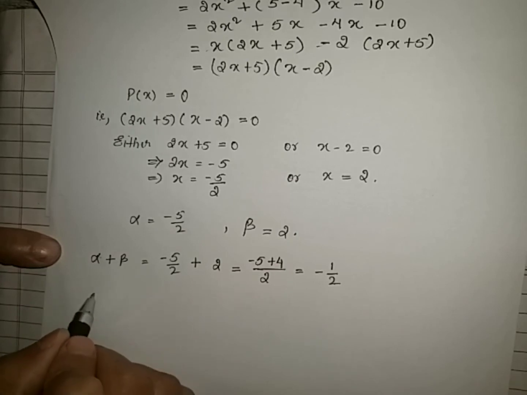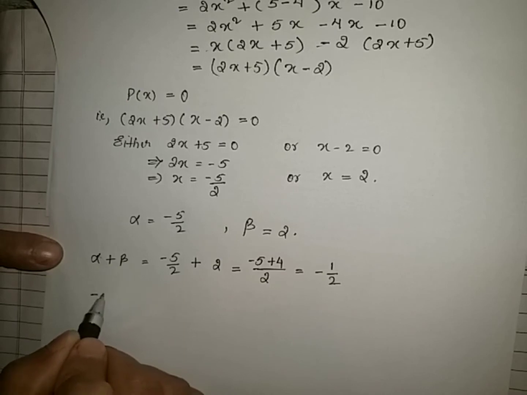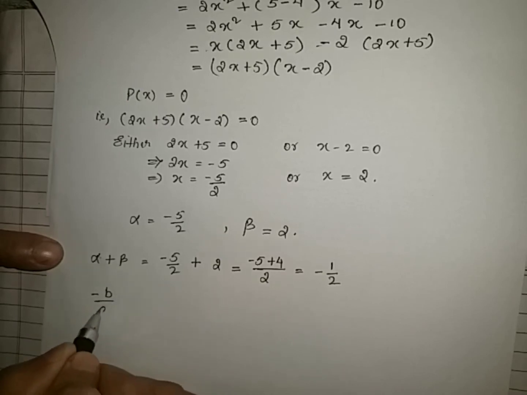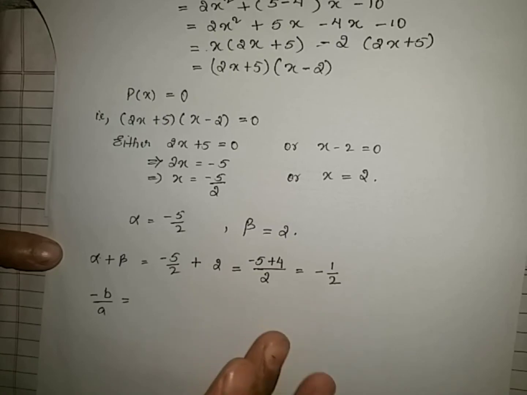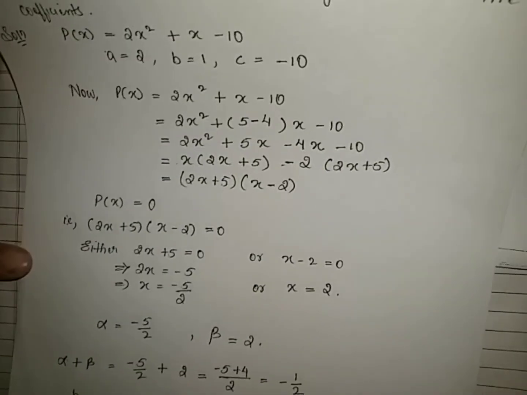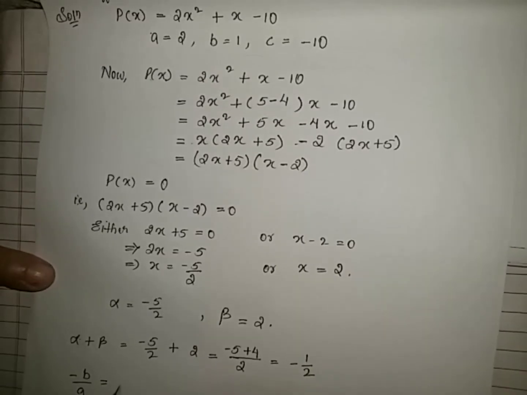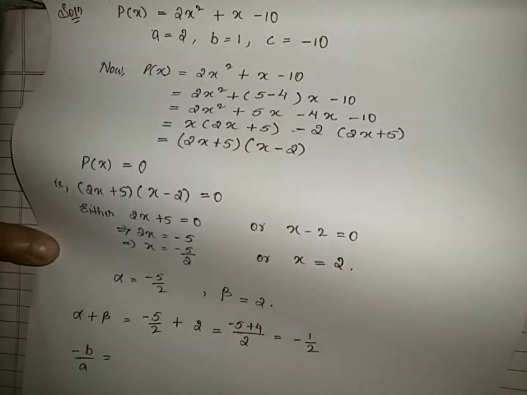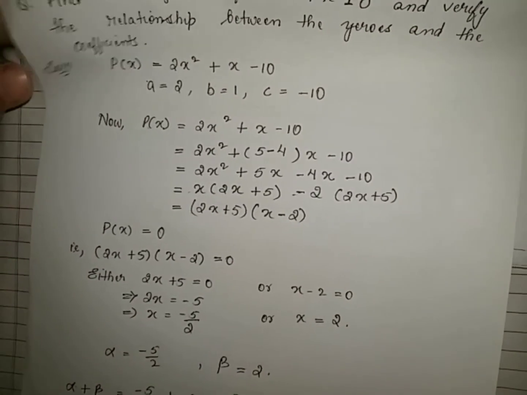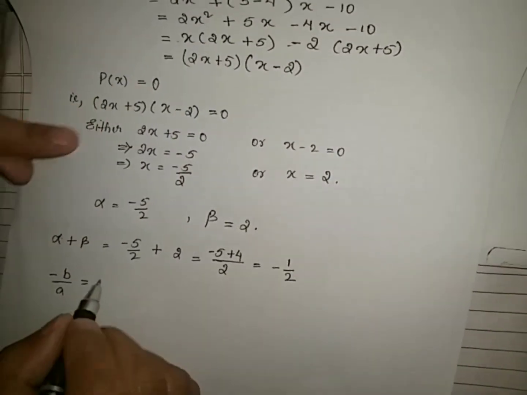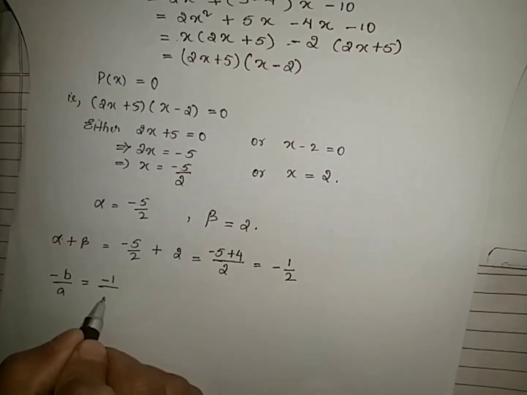And what is minus b by a? Our b is 1, so minus of 1 by a.